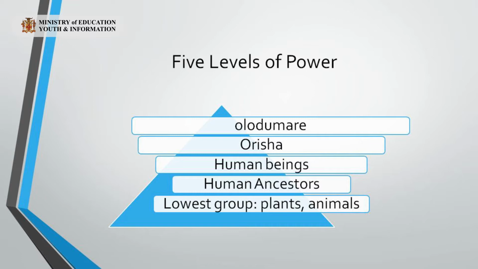And so at the top of this system would be Olodumare. Secondly, the Orishas would come after, then human beings, human ancestors, and the lowest group would include plants, animals, and inanimate objects.